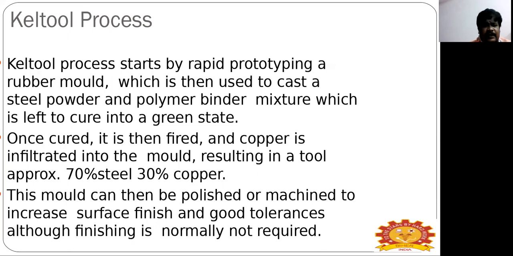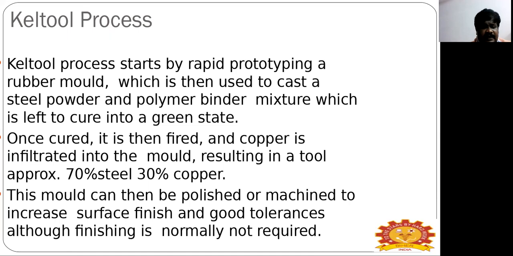So in the 3D Kel tool process, we fabricate the master pattern of our core and cavity, then produce the RTV silicon rubber mold from the pattern. Then we fill the silicon rubber mold with the metal mixtures. That is most important to produce the green parts, duplicating the master.